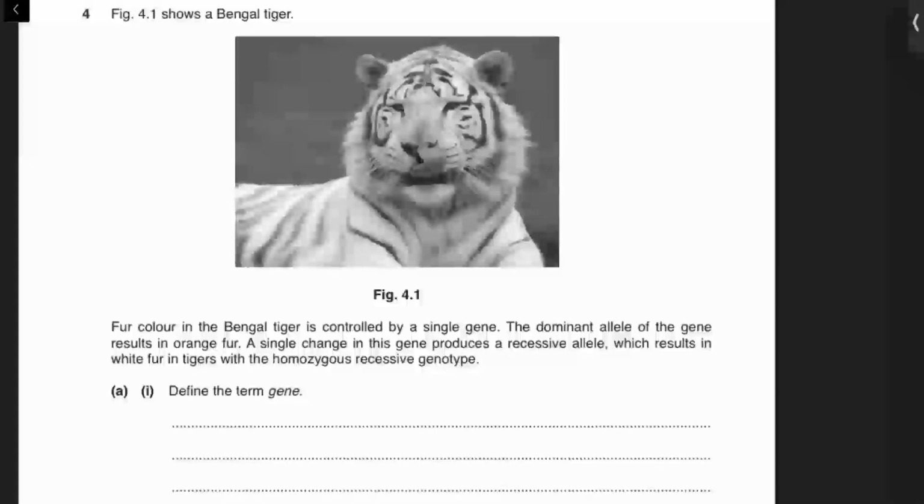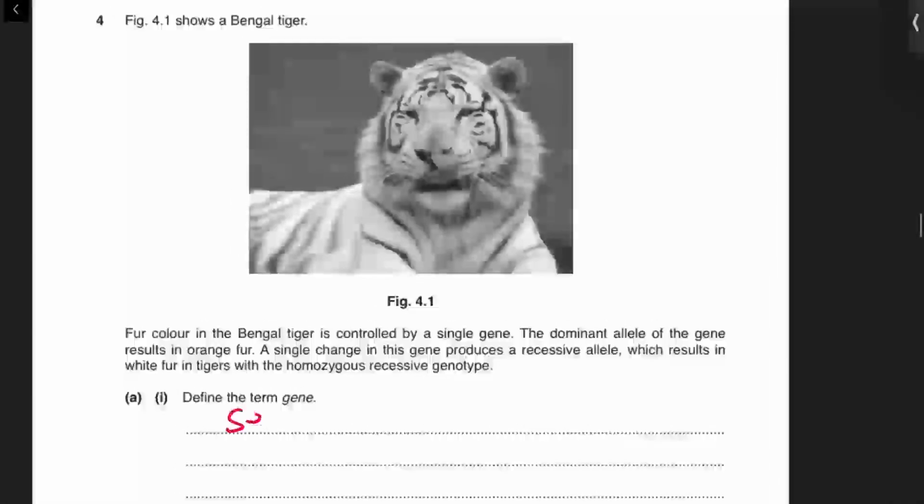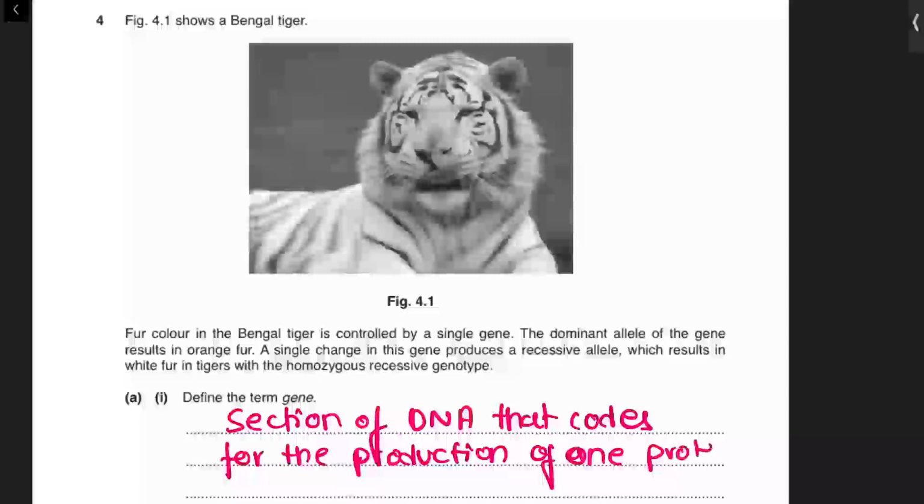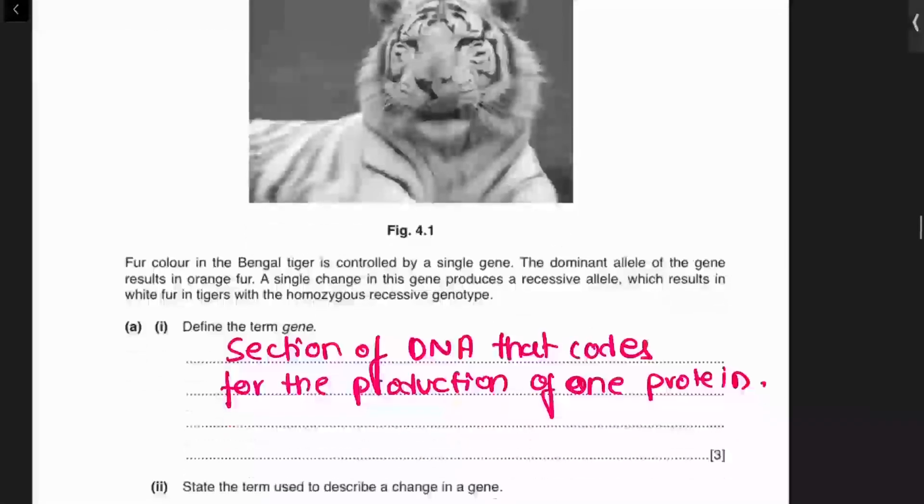A gene is a protein? No. A gene is a section of DNA that codes for the production of one protein.